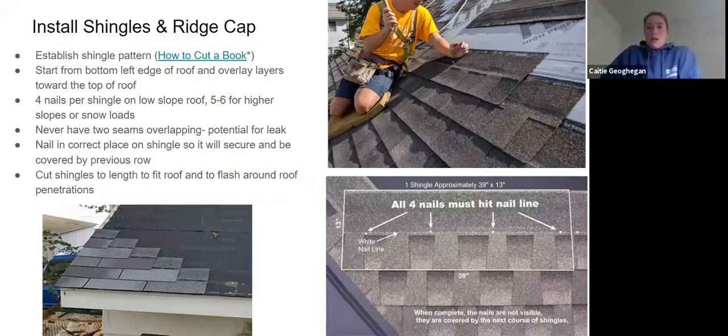But the nails, we don't want them on the very edge, and we want them evenly spaced. So you don't need to be measuring as you go. Normally, if this is my shingle, I come in an inch on either side and then split the difference between those, so they're all kind of equidistant across.